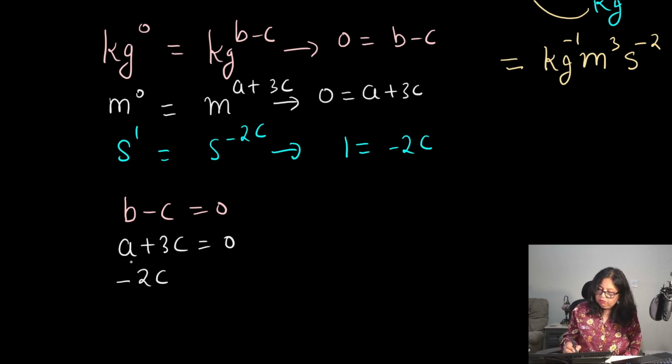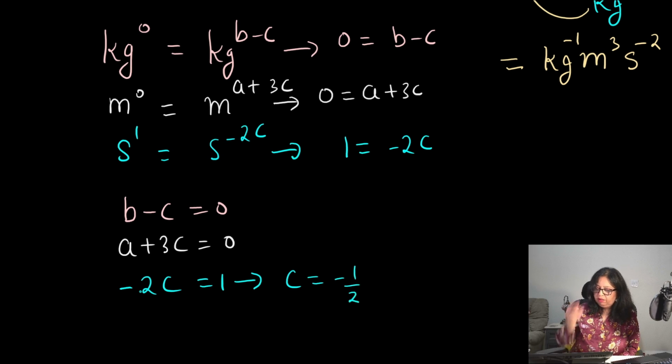Minus 2C equals 1. So I'm going to solve this first. This gives me C equals minus 1/2. Very good.